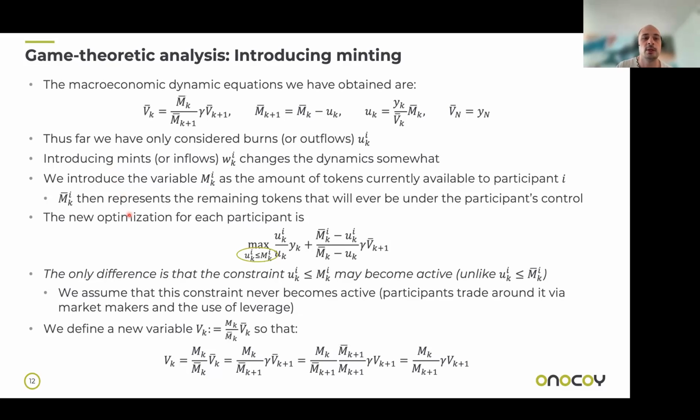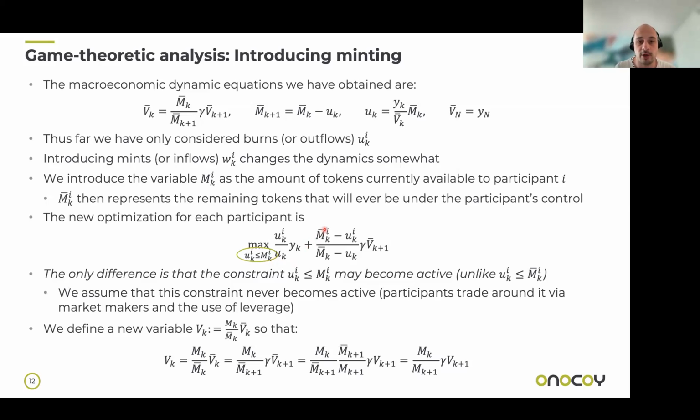If you just go back to that optimization that is being done each round, it's basically the same thing. You are still considering the amount of tokens that you're ever going to own when you do that optimization. However, you no longer can burn all your stash that is incoming. You can only burn what's currently available to you.